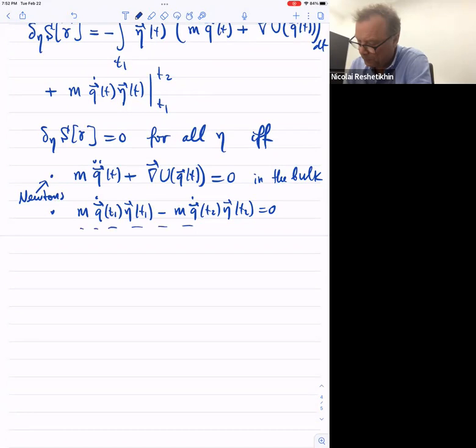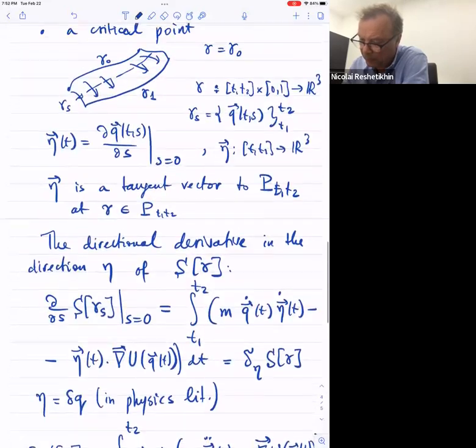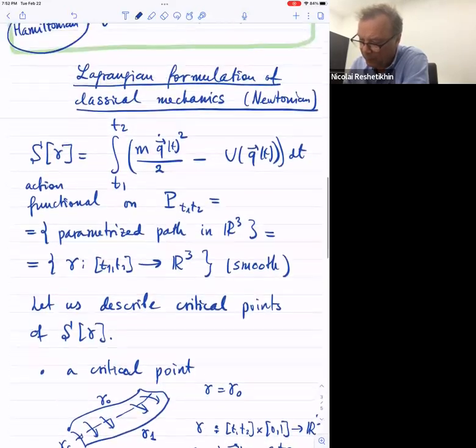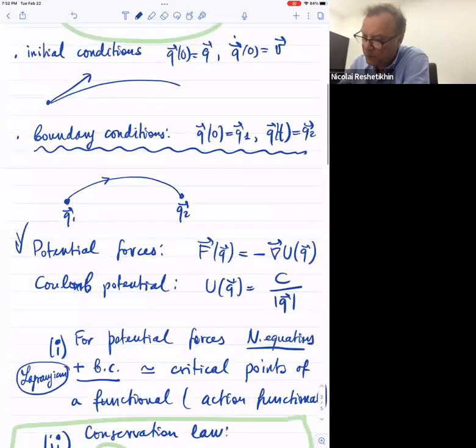Now what is this? Well, these are certain conditions on the variation. In order to understand these boundary terms better, we need to analyze boundary conditions. We will do it in the Hamiltonian framework because there it's more natural. Let's look back over here. This is where I mentioned boundary conditions for the first time.